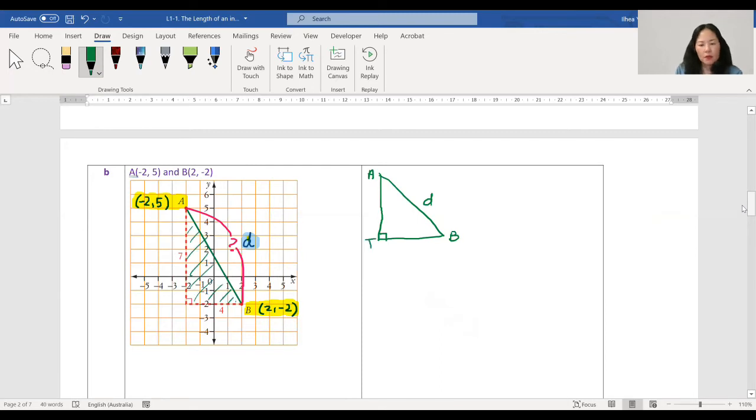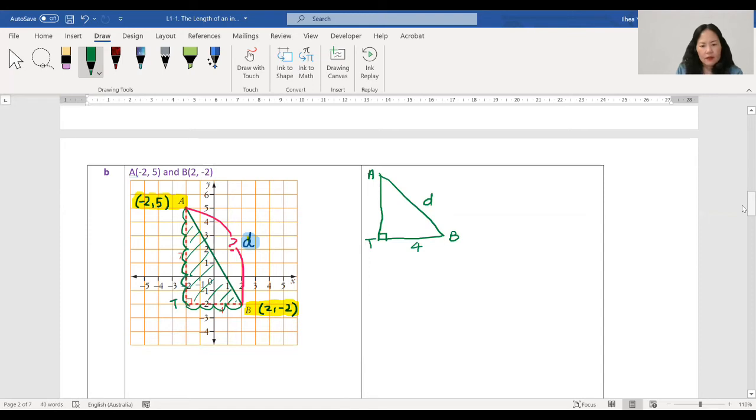What will be my TB on this side? So it'll be 1, 2, 3, 4. So that's my 4 spaces there. And then A to T, I'm just going to put this T there: 1, 2, 3, 4, 5, 6, 7.